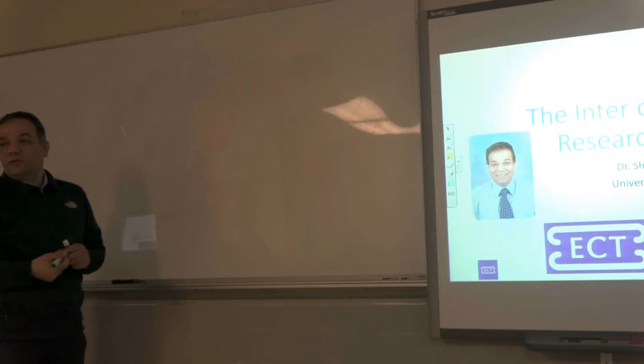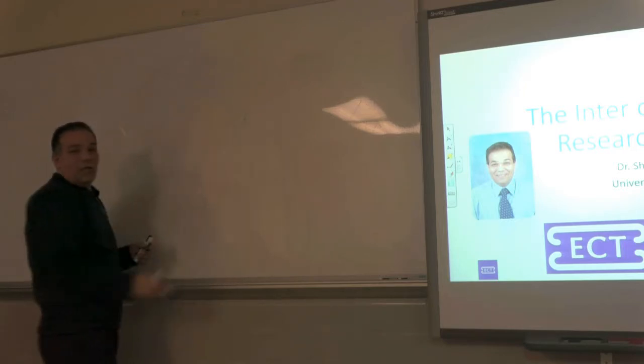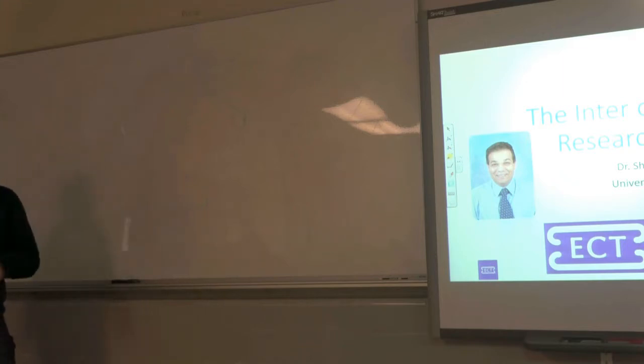So what is a wireless sensor network? If you have, for example, a habitat, or an unattended area that you'd like to measure, like the moon, for example. We'd like to know how the temperature changes over the day. So you throw 1 million sensors, and the sensors collect the data.